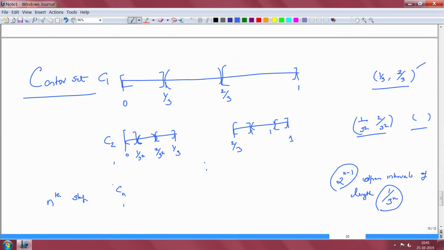What is the measure of whatever is thrown out? You start by adding here, then you add this, then this, and so on. All these are disjoint open intervals. At the nth level you have 2^(n-1) disjoint open intervals, and at each level the open intervals are disjoint from the previous ones. So, all you have to do is add this quantity.